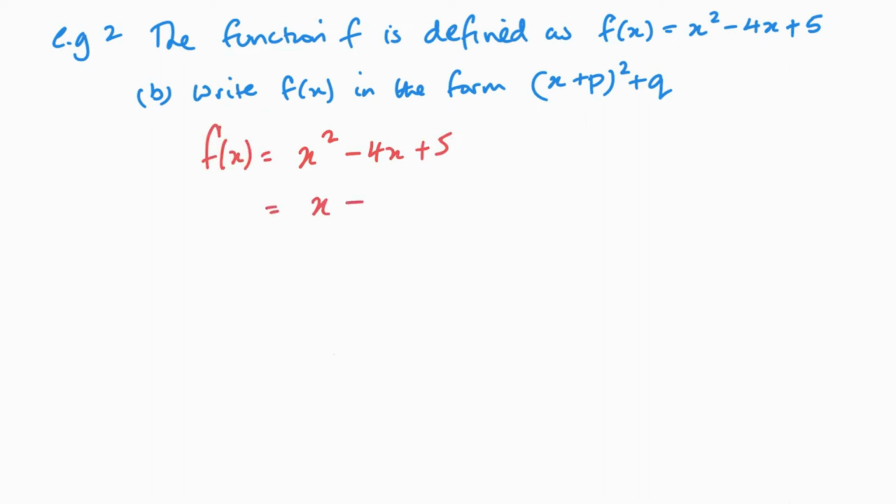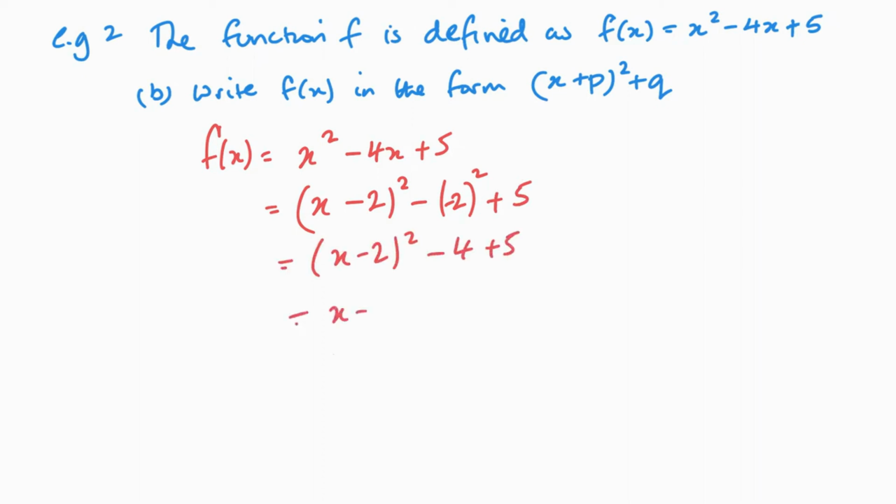Completing the square: (x minus 2) squared minus 2 squared plus 5. So we've got (x minus 2) squared minus 4 plus 5, or (x minus 2) squared plus 1. Now you can see that p is negative 2 and q is a positive 1.